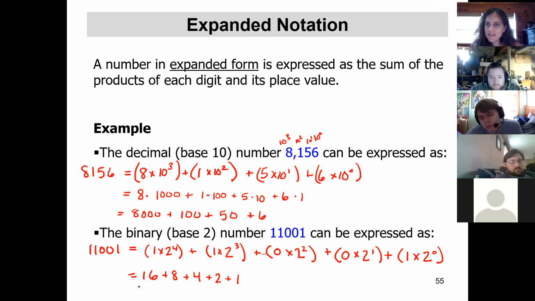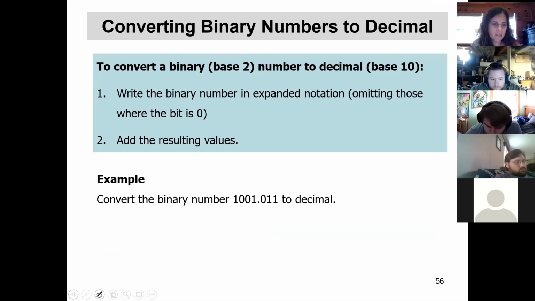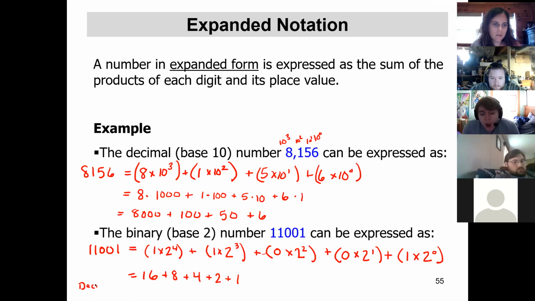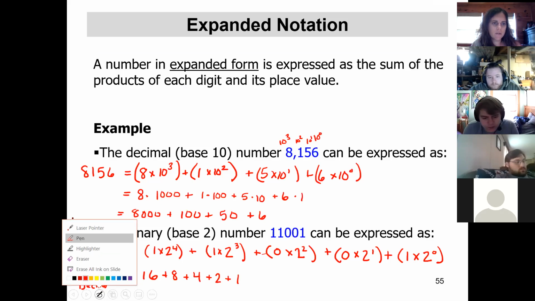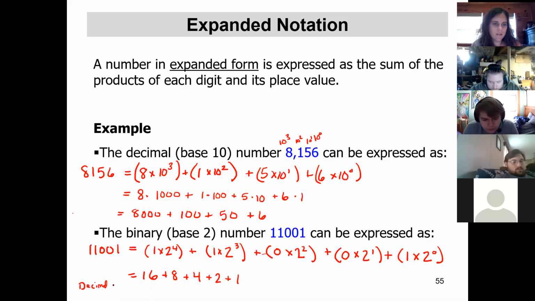I would be adding these, and this would give me the decimal number, decimal notation. So what is that? 24, 28, 30, 31? That's the number 31. Did I add right?